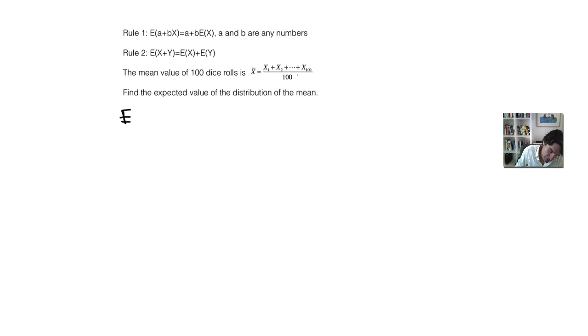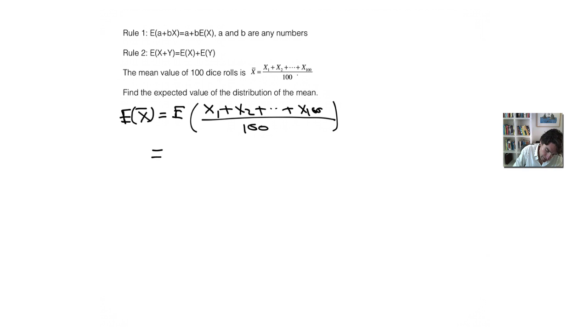Well, the expected value of the sample mean for the 100 rolls is equal to the expected value of (x1 plus x2 plus ... plus x100) divided by 100, and that's simply equal to the expected value of x1 over 100 plus x2 over 100 plus ... plus x100 over 100.